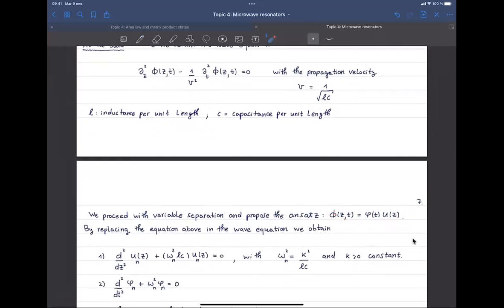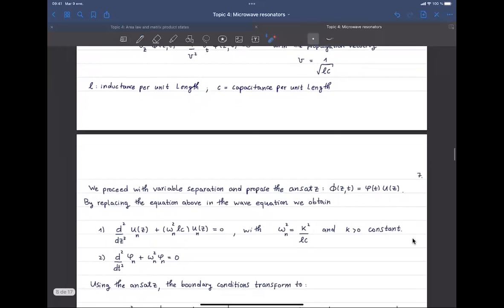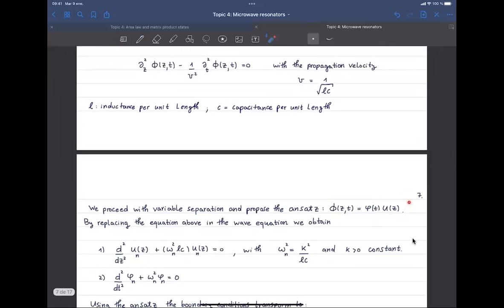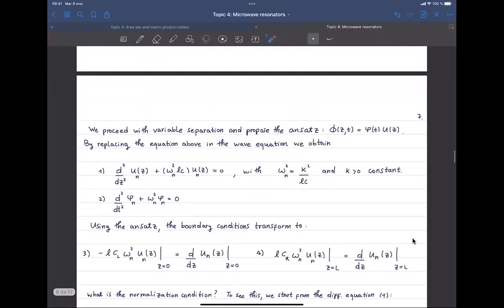This is a classical field, which is a flux, so this function will be a product of a function that depends only on time and a function that depends only on the coordinate x. This is quite standard. You replace this ansatz into the wave equation, and of course you should be able to prove that two equations appear, one for the spatial part only, and one for the time-dependent part.